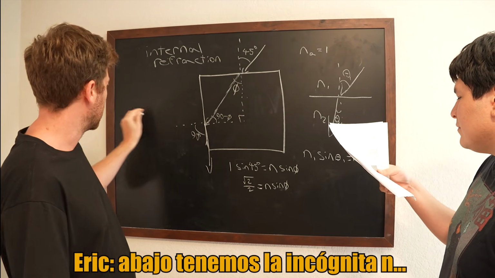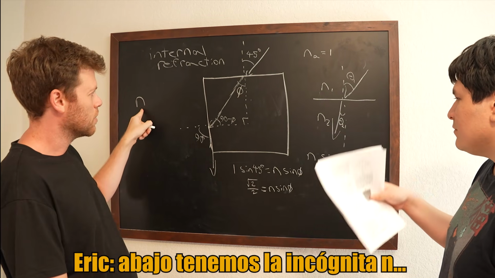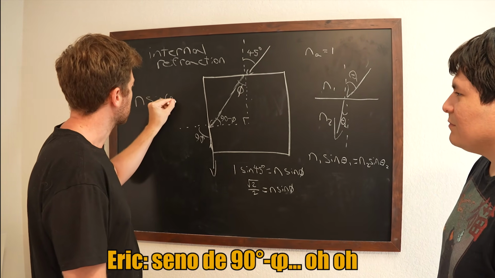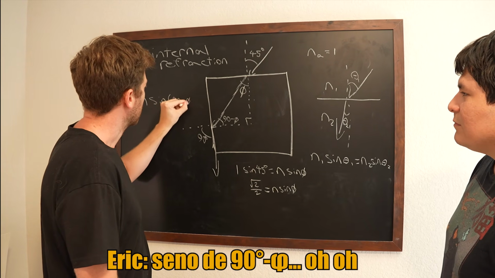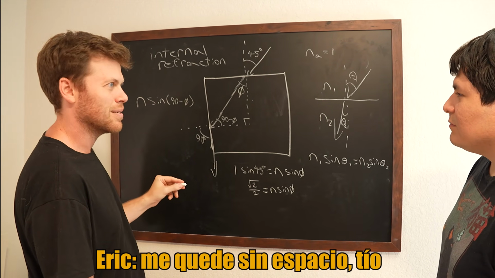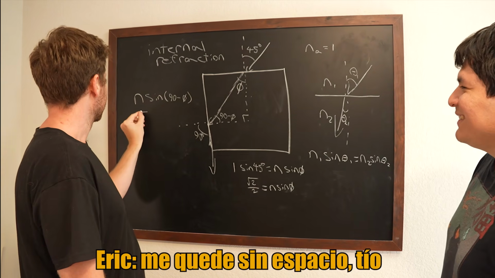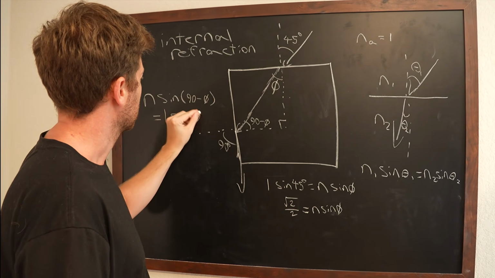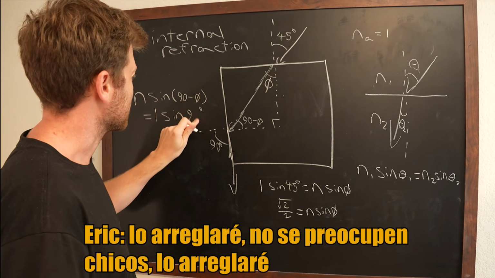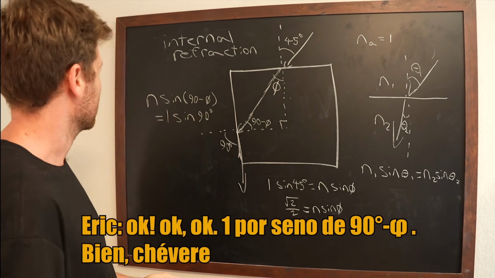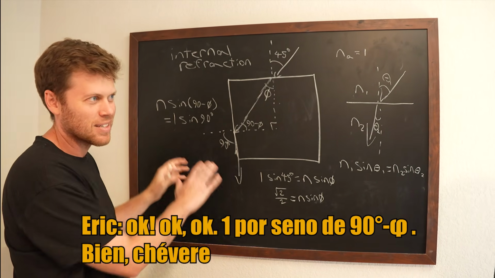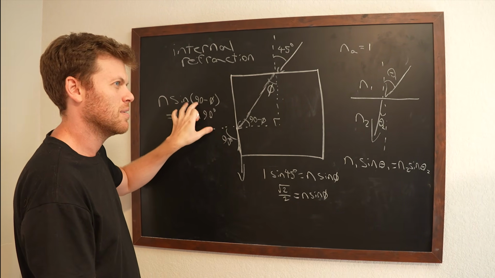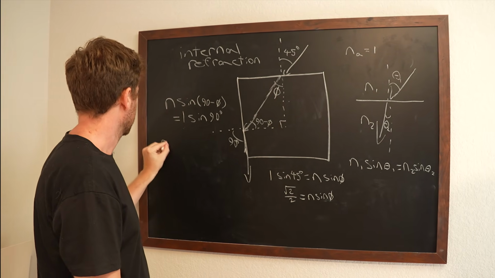I'll say this side has the unknown n, sine of 90 minus phi. Oh man, I did not give myself any room. I'll fix it. Don't worry, guys. Okay. All right. 1 sine 90. Great. Wonderful. This is just cosine, right? Yeah, cosine of phi.